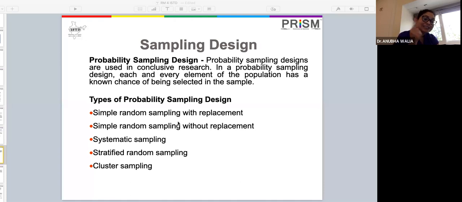When I talk about systematic random sampling, it is required when we number the entire population and we say that every nth number, let's say second or fifth or 10th or 25th number, as the case may be, is selected to constitute the sample.